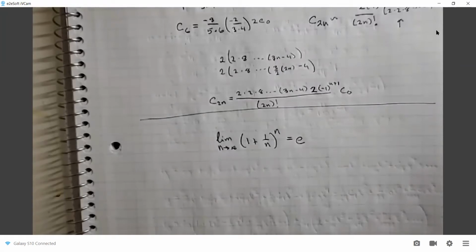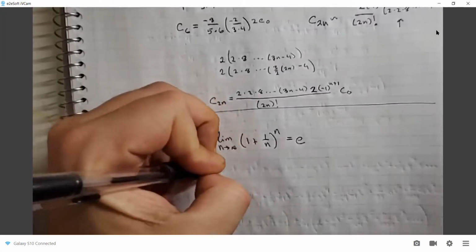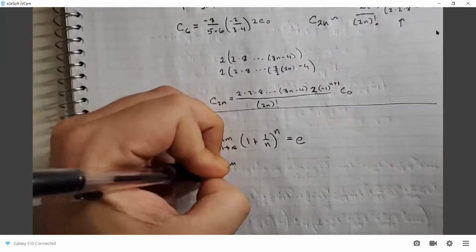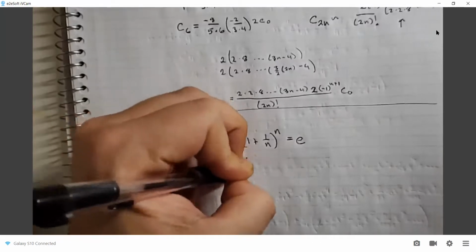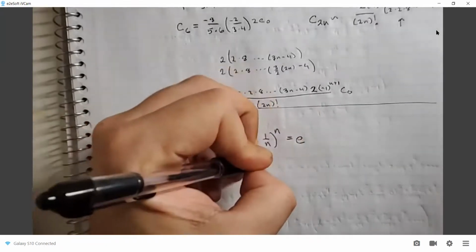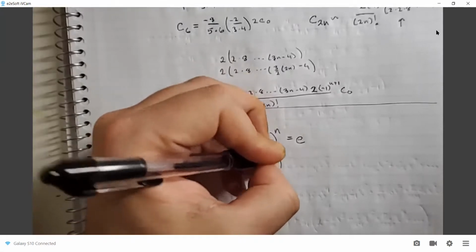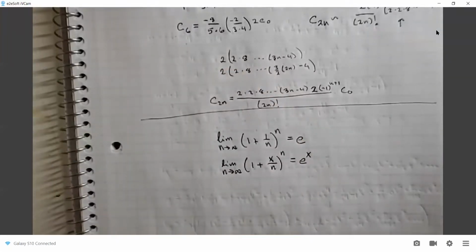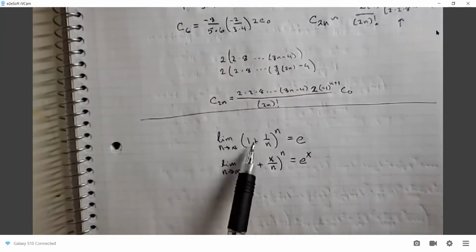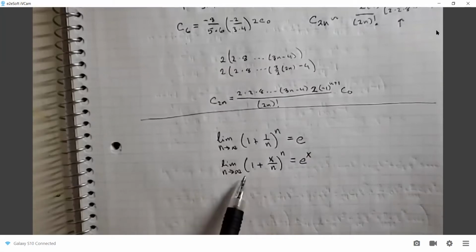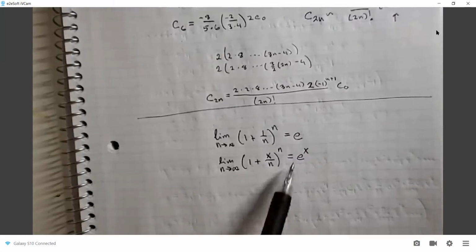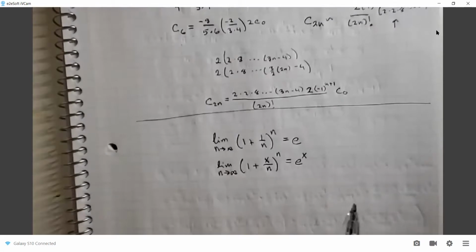I guess the full general version of this is the limit as n approaches infinity of (1 plus x over n) to the n. That's e to the x. This is just the special case when x is 1, but if x was -1, you get (1 minus 1 over n) to the n. That gives you e to the -1, stuff like that.